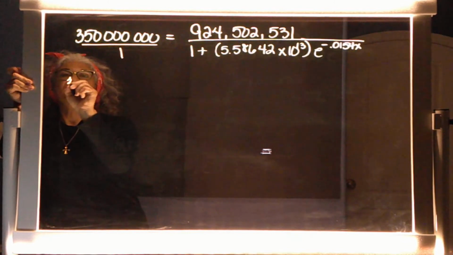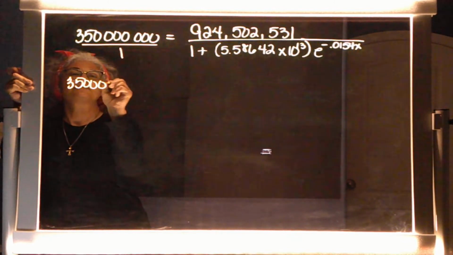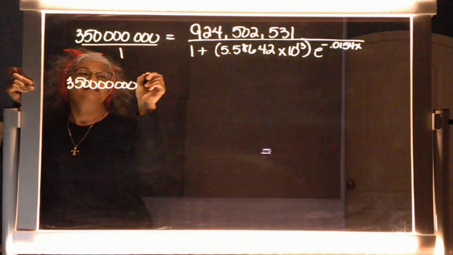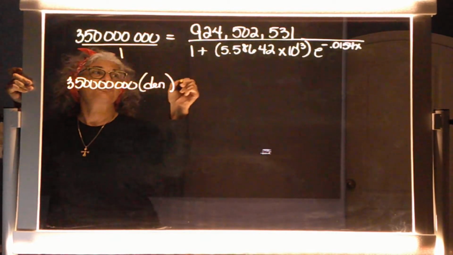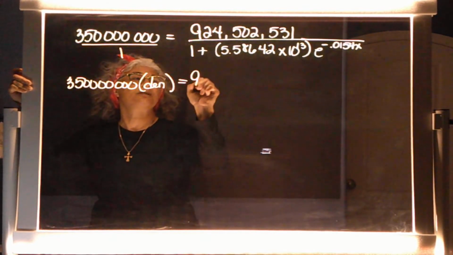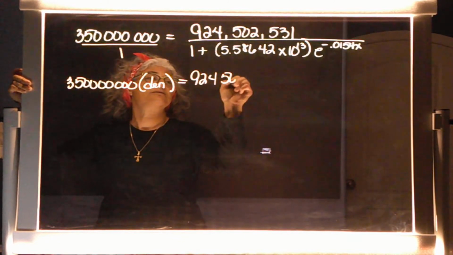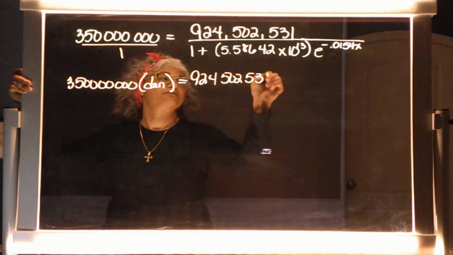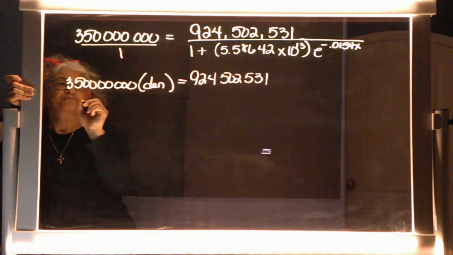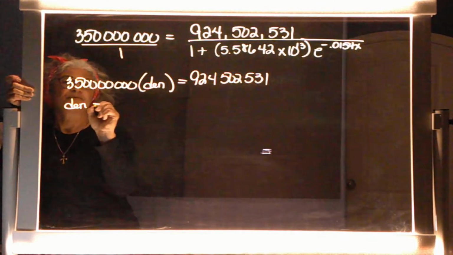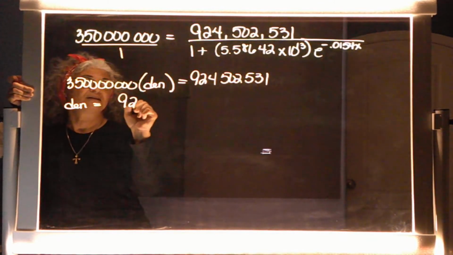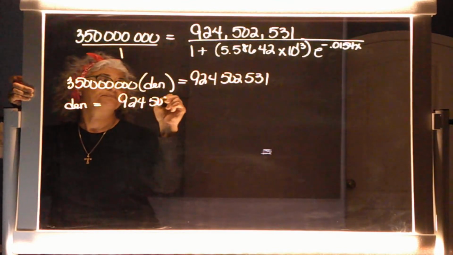Which means I'm going to get the 350 million times that denominator. And you're right, I'm being lazy. I don't want to write the denominator out. And then my denominator is going to be equal to this lovely fraction.